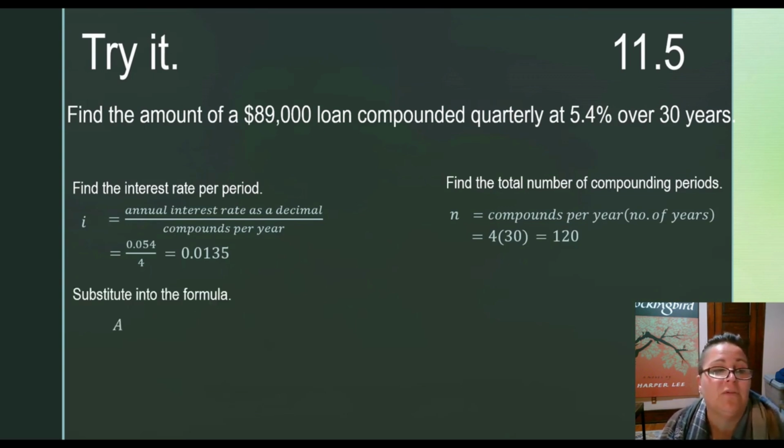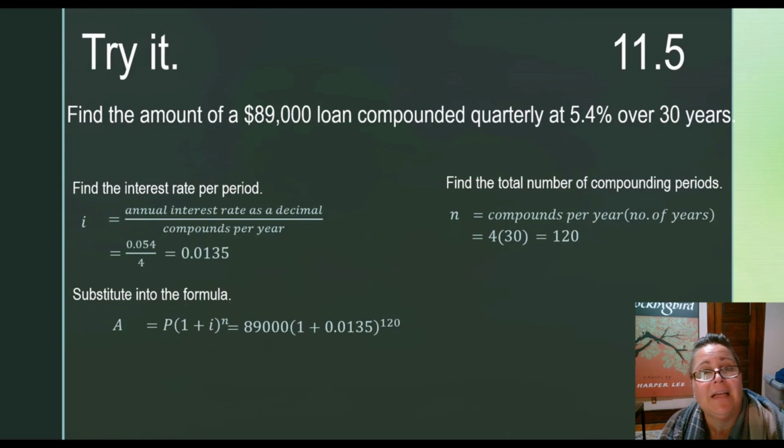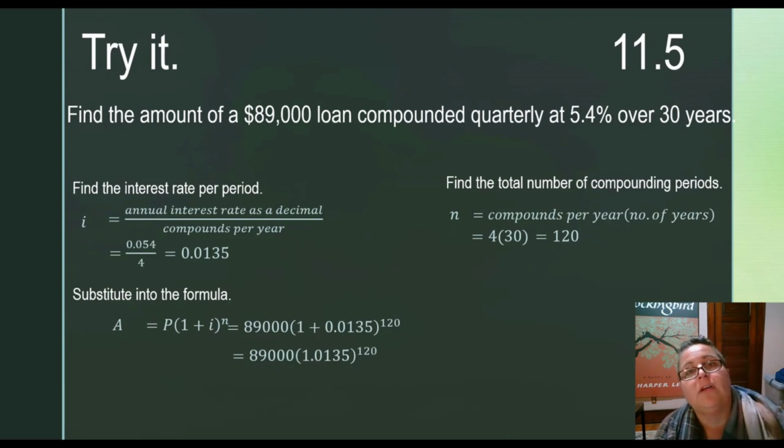I'm going to substitute these values into the formula along with the principal of $89,000. So I'm going to have $89,000 times 1 plus 0.0135 to the 120th power, or 89,000 times 1.0135 to the 120th power.